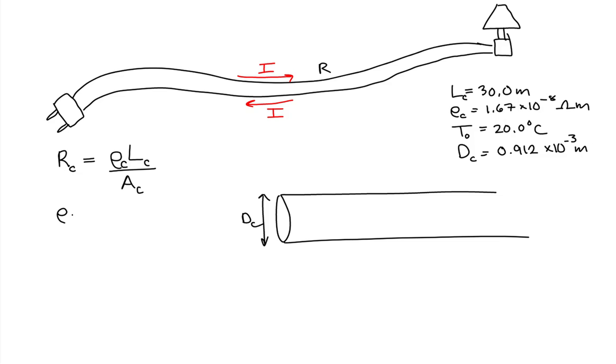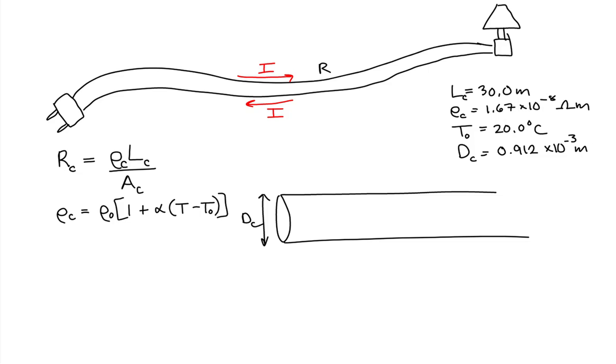The resistivity at some temperature is equal to the resistivity of our reference temperature, which is typically taken to be 20 degrees Celsius, times 1 plus the temperature coefficient of resistivity times the temperature at which you're measuring the resistivity at minus the reference temperature.